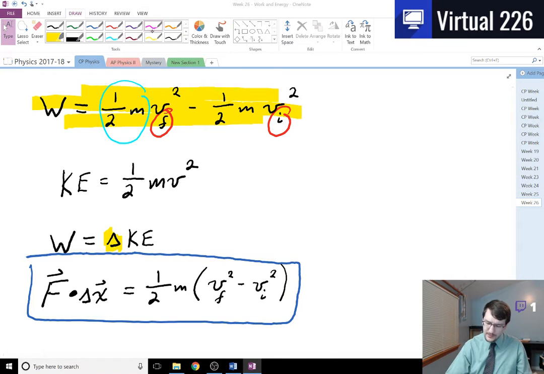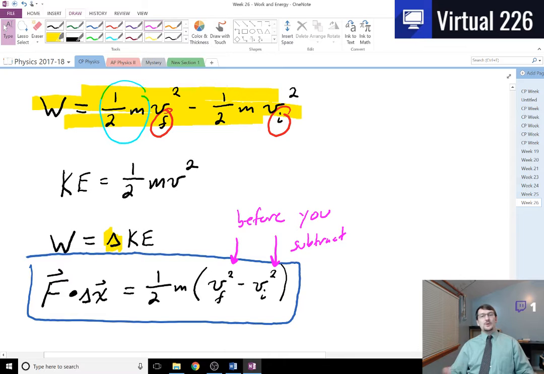An important thing to recognize is that you have to do these squares before you subtract. If you don't, the math works out differently.